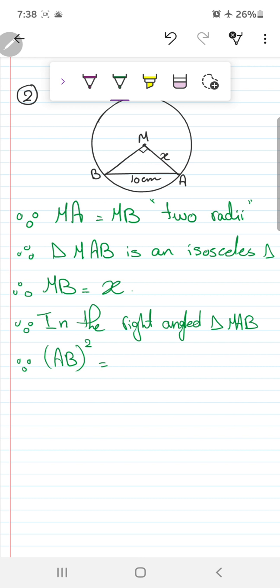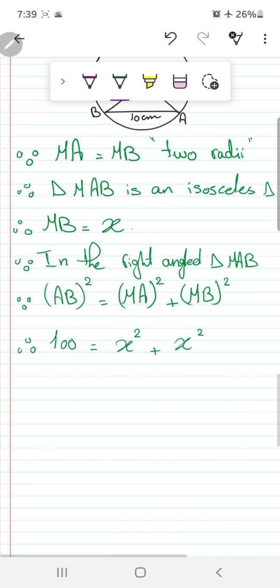So AB squared equals MA squared plus MB squared. Substitution: AB squared, which is 10 squared, 100, equals MA, which is x, squared plus x squared.